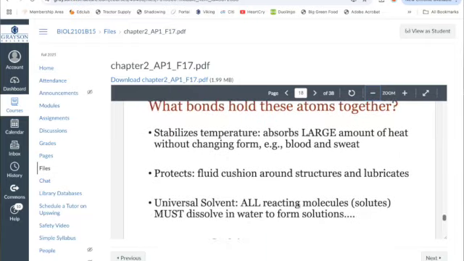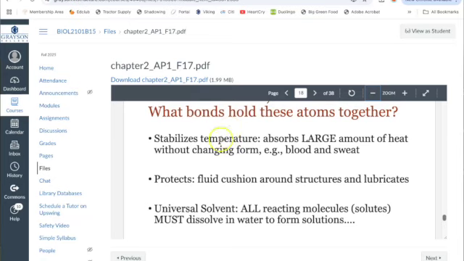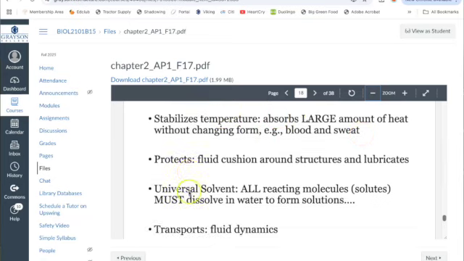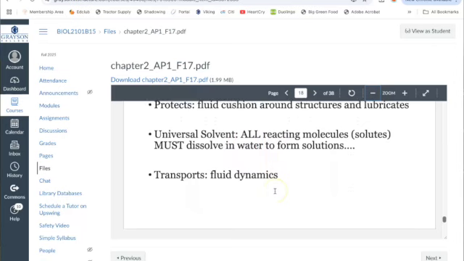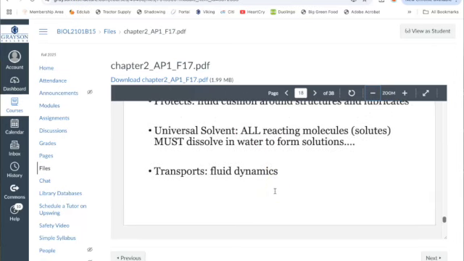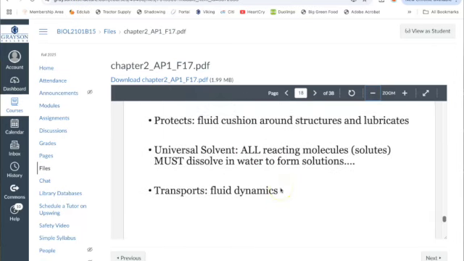Water is so important in the body, of course, we know. Stabilizes temperature, absorbs large amount of heat, protects you, cushions. Okay. Water is also called a universal solvent because it can dissolve pretty much everything. Okay, and it helps with transporting. For example, your blood is mostly water, right?